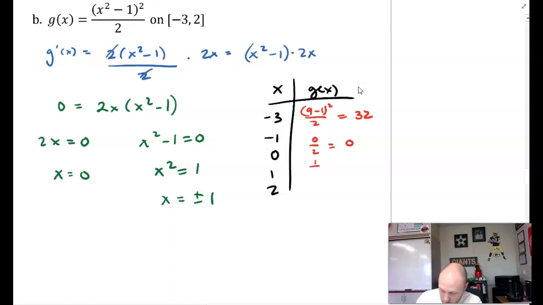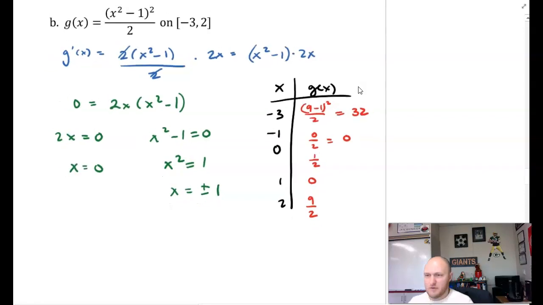That's 1 over 2, so 1/2. And if I plug in 1, that's also going to give us 0 over 2, which is 0. And then if I plug in 2, we get 4 minus 1, 3 squared is 9 over 2.